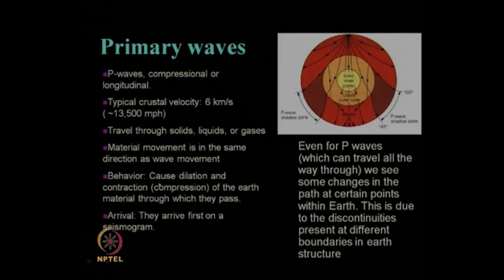And the behavior is that it causes dilation and contraction, that is successive expansion and compression of the earth material through which they pass. And because of their high crustal velocity, they arrive first on any seismogram.